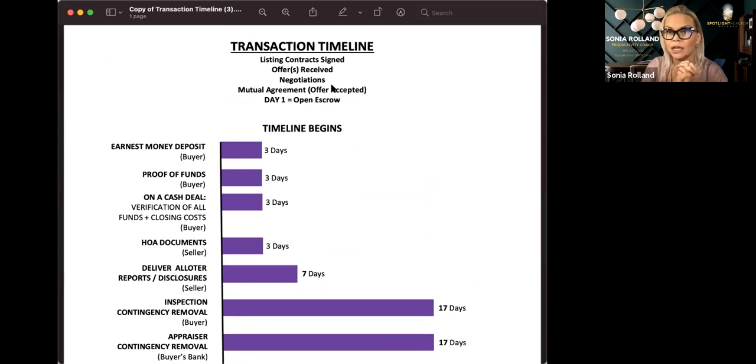But you need to know up until mutual agreement, because what if you get an offer back on Saturday and it's due Sunday night and you don't know how to write up the counter or what addendums you need? So we have to know how to do our paperwork at least up until mutual agreement. All right.